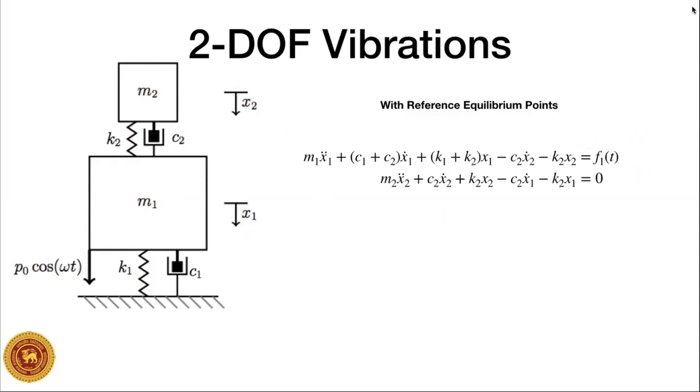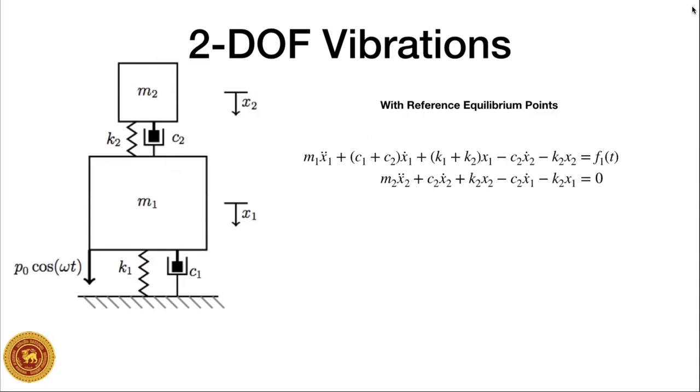In assignment number 3, I have asked you to derive these equations by considering the free body diagrams of these masses separately, and considering the forces acting on the masses separately.